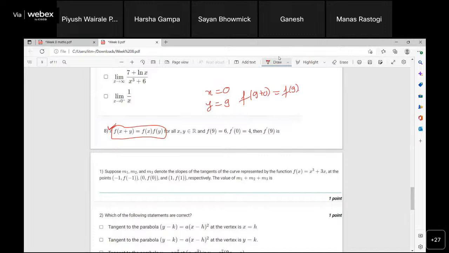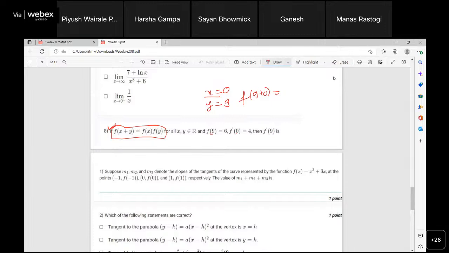I can say x equals 0, y equals 9, or y equals 0, x equals 9, because we have been given the values for f of 9 and f dash of 0. That's why I'm considering 0 and 9. So just put x equals 0 and y equals 9.